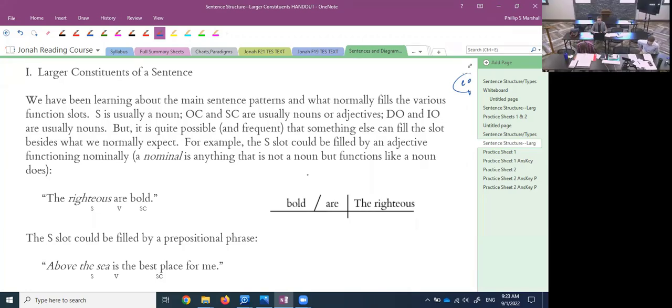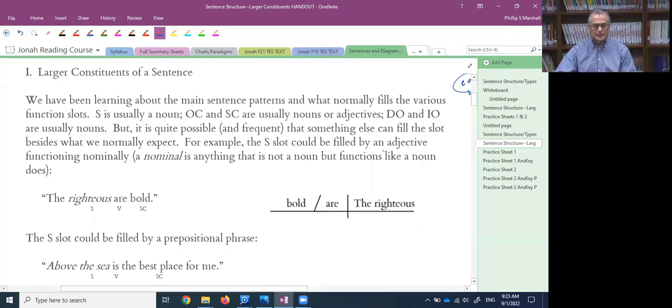And so I mentioned here, the subject slot normally is filled by a noun, but sometimes an adjective can fill that function slot. When it does, we say that the adjective could be functioning nominally. A nominal is anything that is not a noun but functions like a noun.